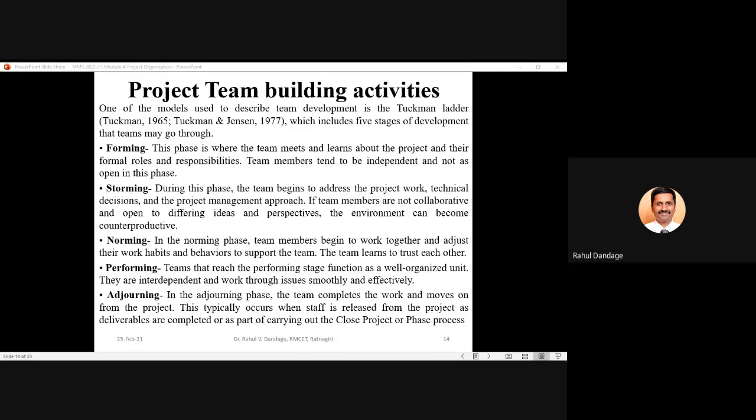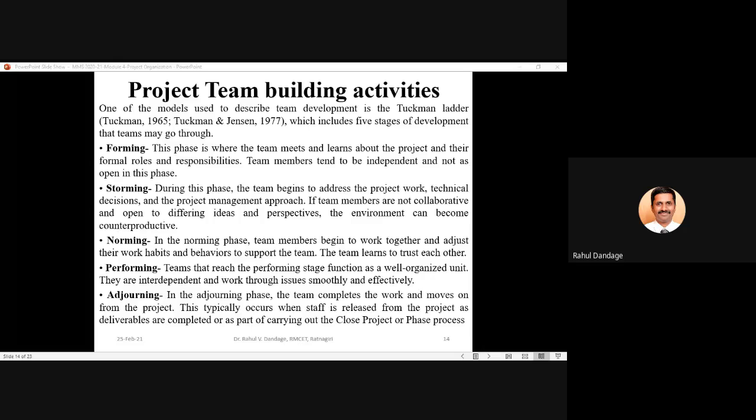Now the team is working together. In the previous phase, they have learned how to trust each other and how to adjust with each other. So now there is no problem as such to work as a team. They actually start performing as a well organized unit.